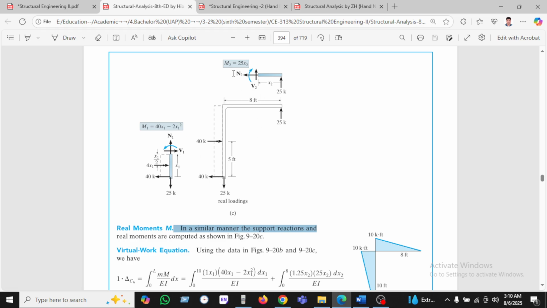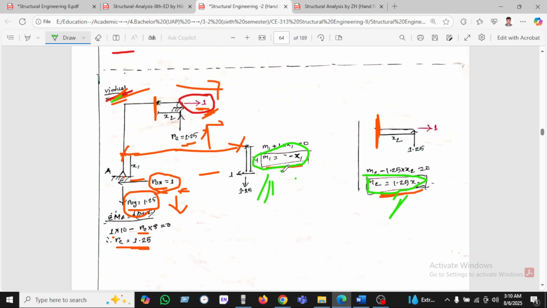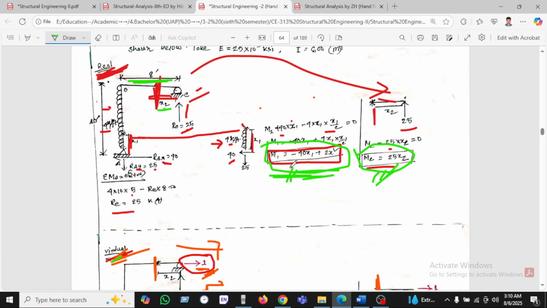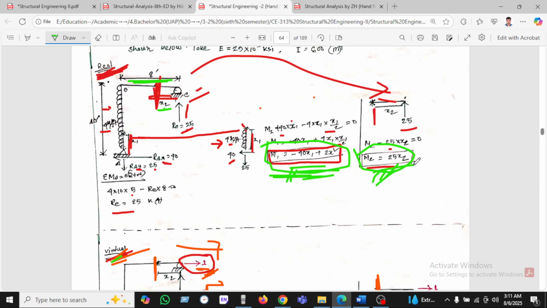So in this case, we have found M2 and M1, 40 into x and x2. For real, we have found M1 minus x2, and minus 40 into plus 2x. We have found here minus 40 into 2x, and M2 we have found 25.